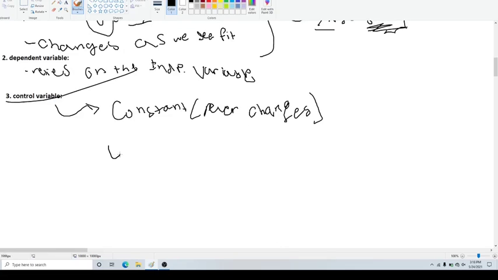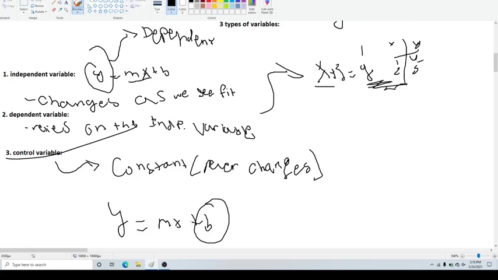If we go back to y equals mx plus b, our constant or control variable would be b, because as you see here, it never changed once. Or in the example we just did, x plus 3 is equal to y, 3 never changed. x and y did, but 3 never did. So we could always set something constant to see what happens.